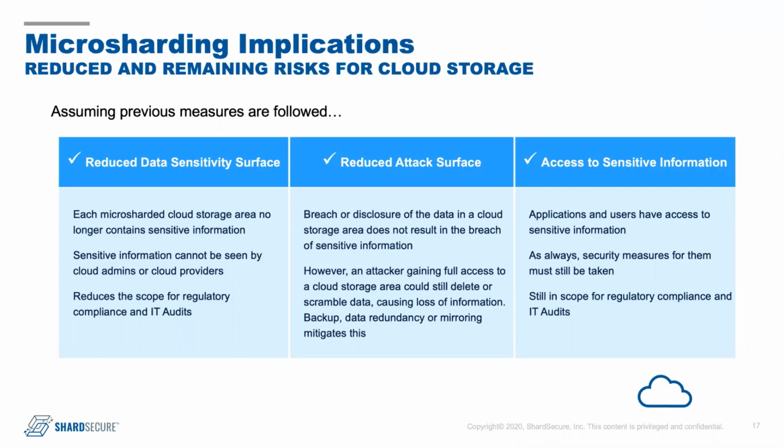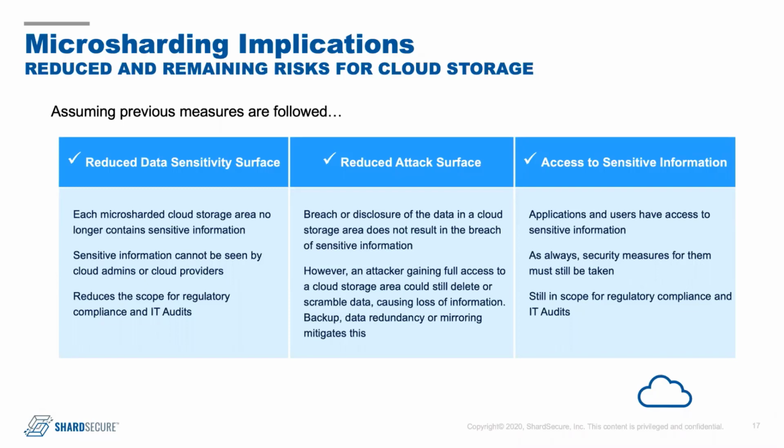So next we have the reduced attack surface. If your data is actually breached or leaked or somehow exfiltrated, it doesn't result in an actual breach of sensitive information, which means no headlines, no regulatory stuff. But there's still some risk there.